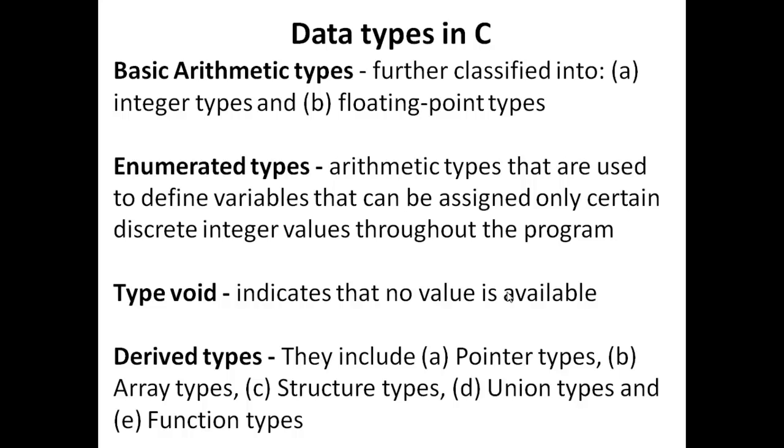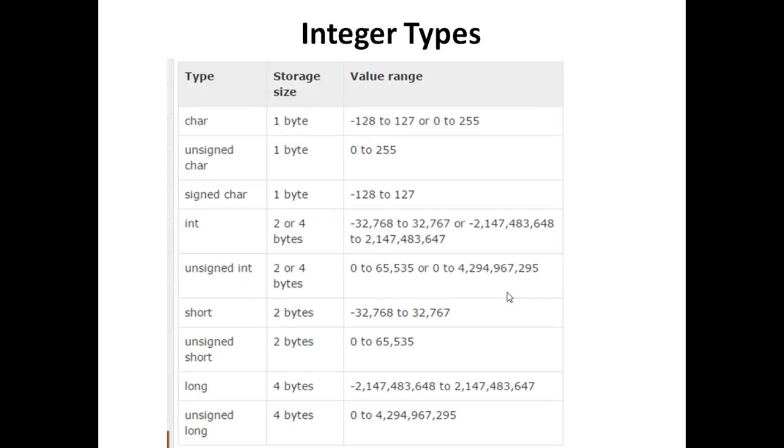And we have the void type, which indicates no values available. And we have the derived types, which include the pointer types, array types, structure types, union types, and the function types. In integer types we have character, unsigned character, signed character, integer, unsigned integer, short, unsigned short, long, and unsigned long.